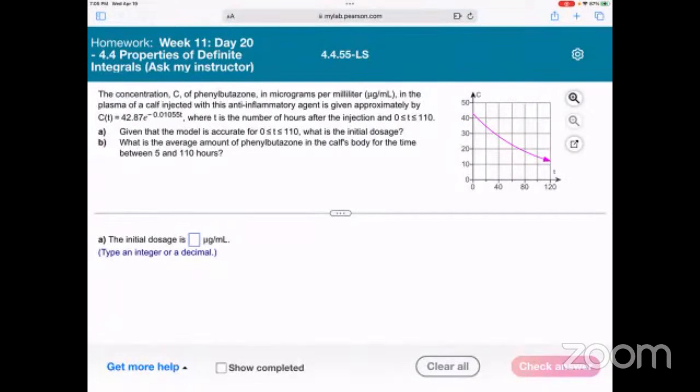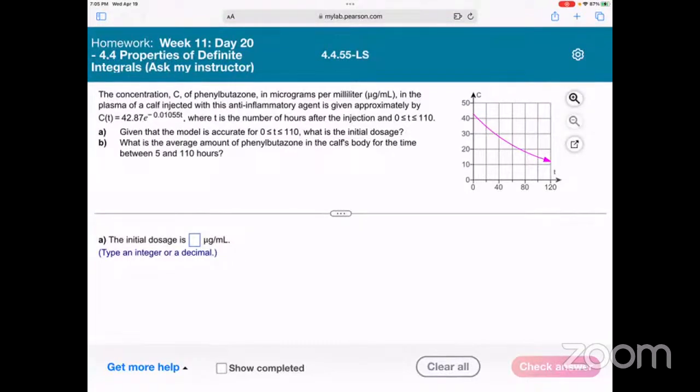Given that the model is accurate for 0 to 110, what is the initial dosage? What is the average amount of phenylbutazone in the calf's blood for the time between 5 and 110 hours?